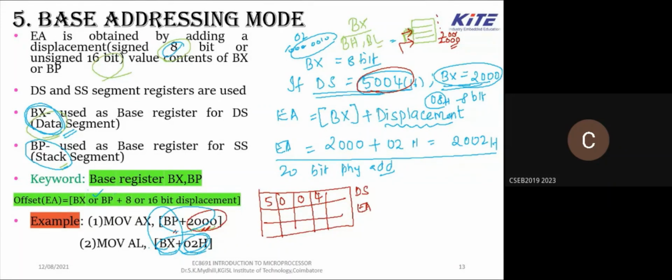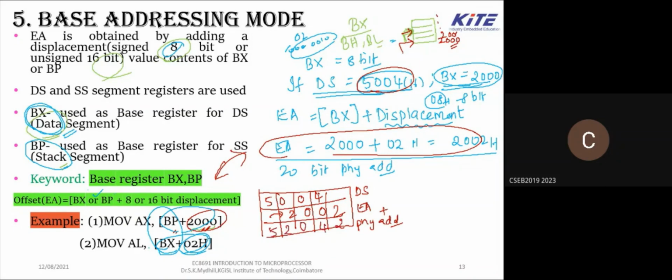In base addressing mode, the EA is not directly given; we have to find it. We found it from the offset value, and it is 2002. So the segment is shifted, and we just add this to get the 20-bit physical address. It is 52042. Are you clear now? Any doubt?